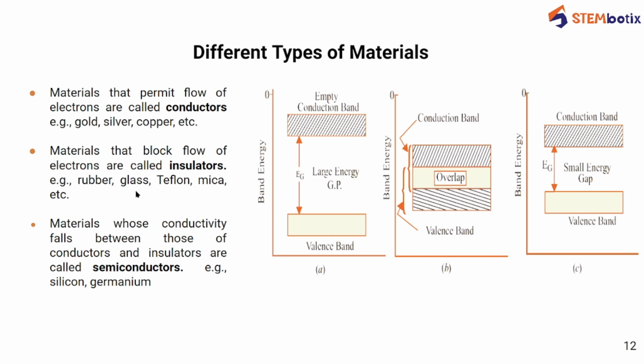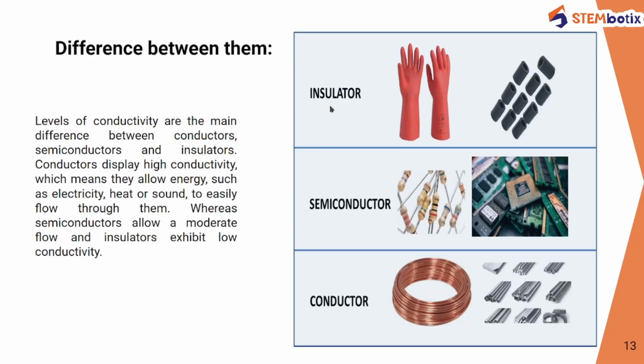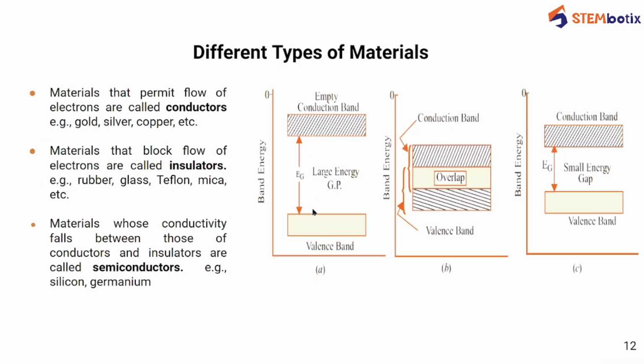These are some examples of insulators. So in an insulator, the gap between the conduction band and the valence band is very high. So in an insulator the conduction band and valence band are highly gapped.